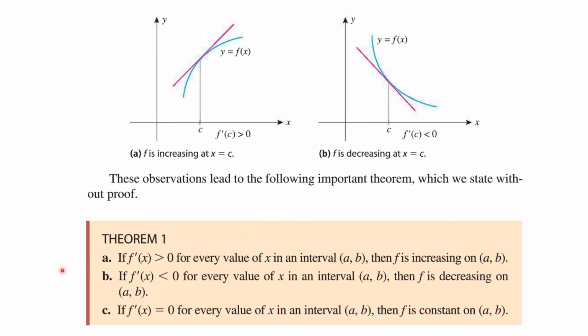So this is the theorem that we're not going to prove here, but if something is increasing, f prime is greater than 0. If something is decreasing, f prime is less than 0. And if f prime is equal to 0, it is changing direction. And that means it's a constant at that instant in time.